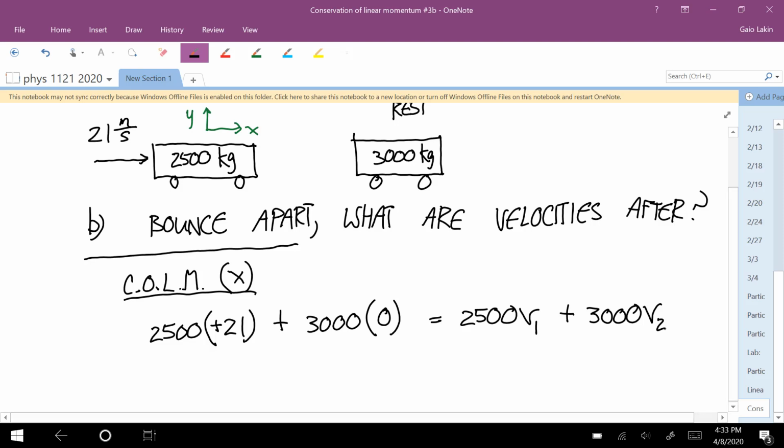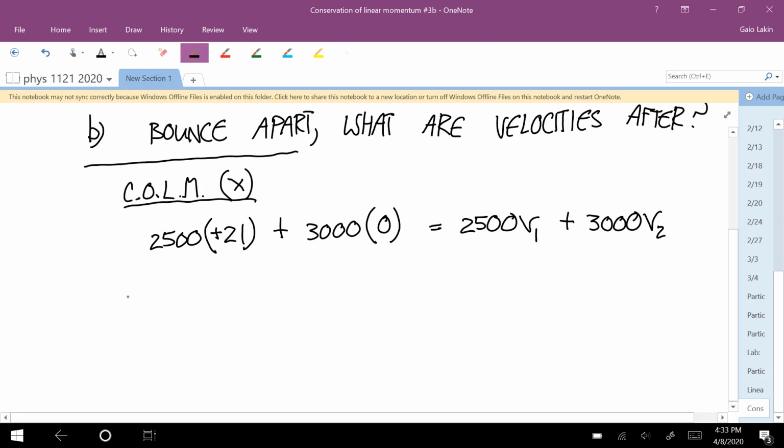Okay, so 2,500 times 21 is 52,500, which is equal to 2,500 V1 plus 3,000 V2.